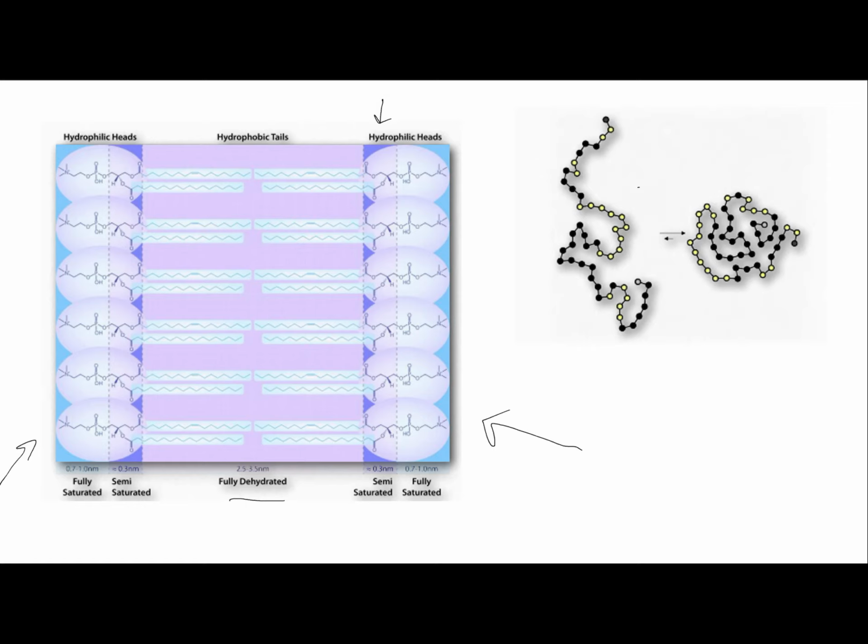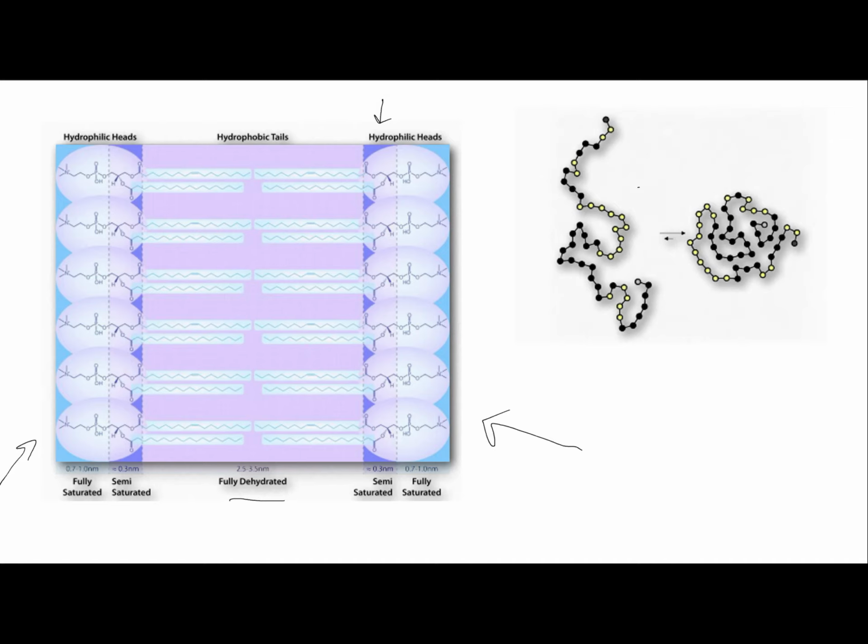Now this other image that I'm showing you is a little prequel of what we're going to see when we get to protein folding. When globular proteins actually fold in the cytoplasm, the non-polar amino acids are found in the interior portion of the protein, and the polar amino acids end up being on the outside.